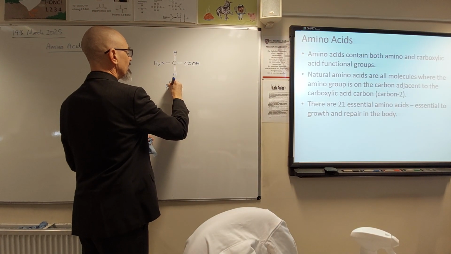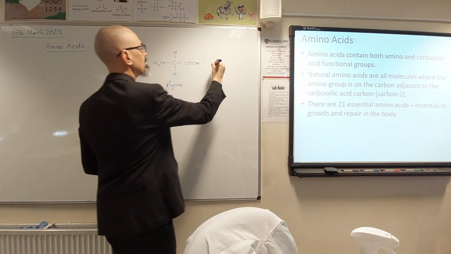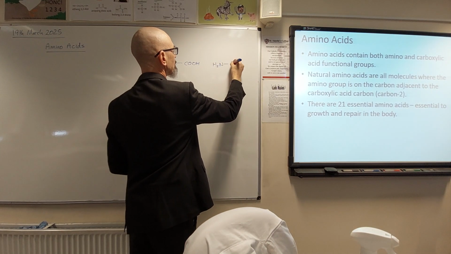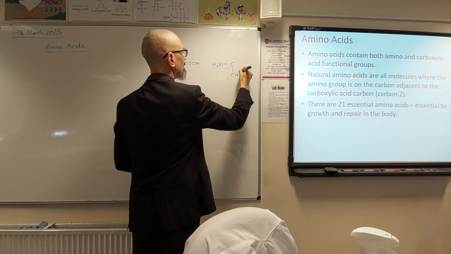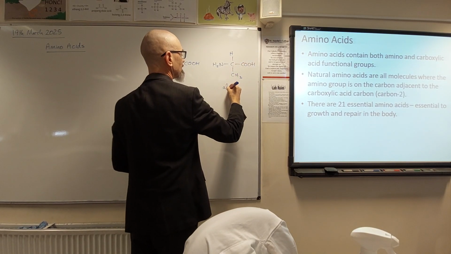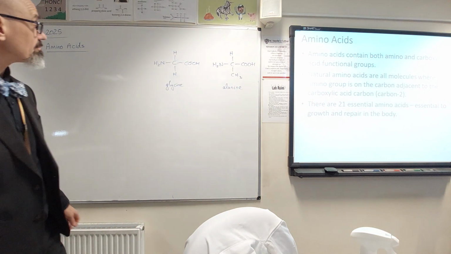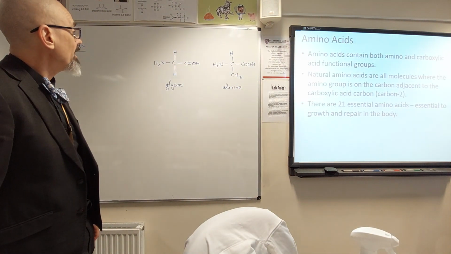That's called glycine. But if I swap that and put a CH3 on there, then that makes a new amino acid. That's called alanine. We should probably give them their IUPAC names.